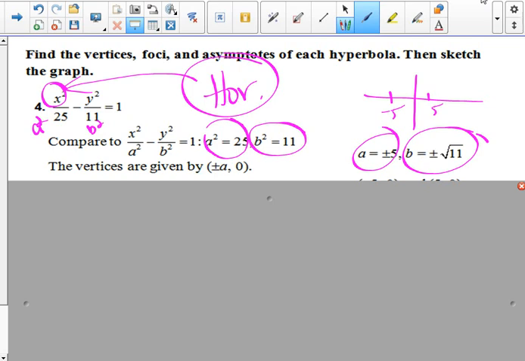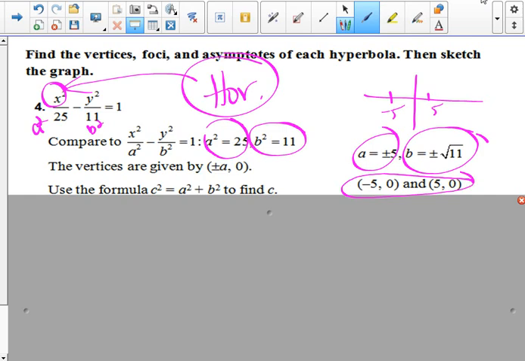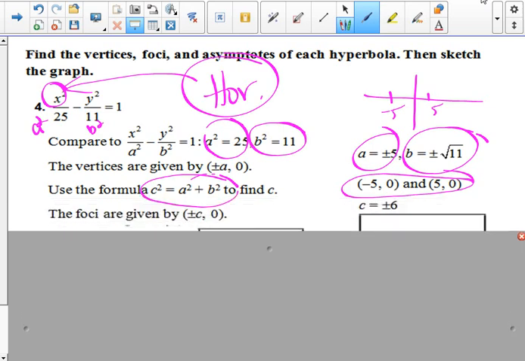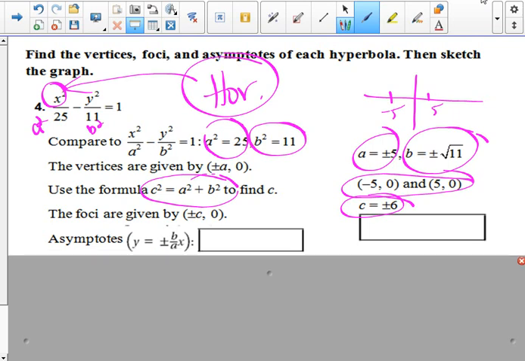So our vertices are positive 5, 0 and negative 5, 0. There they are right there. And we're going to use the formula c squared equals a squared plus b squared to find c. So we're going to plug a squared and b squared in, and we're going to find that c is equal to plus or minus 6.